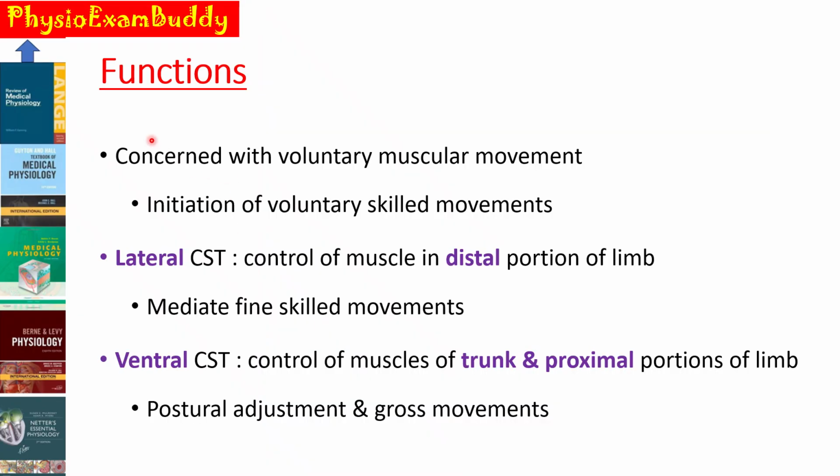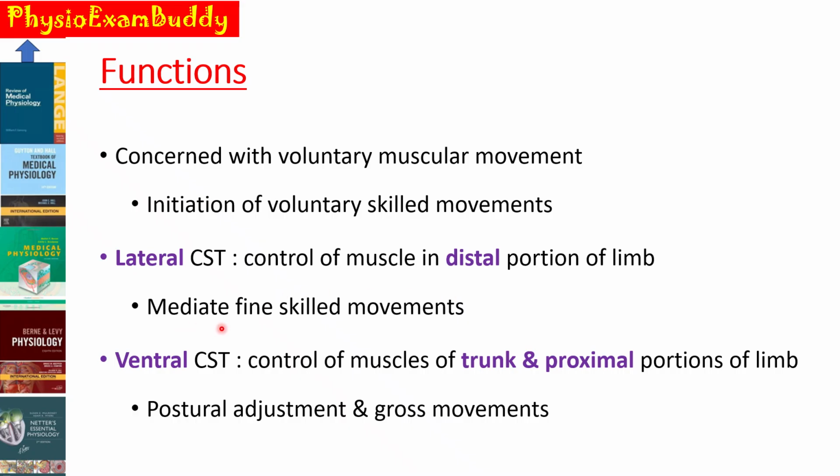Next is about the functions of this corticospinal tract or the pyramidal tract. You know that it is mainly concerned with the voluntary muscular movements, that is the initiation of voluntary skilled movements, and the functions of the lateral as well as the anterior or the ventral corticospinal tract differ. Lateral corticospinal tract mainly controls the muscles in the distal portion of the limbs, that is hand as well as feet.